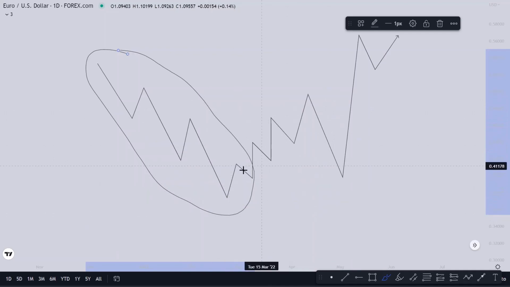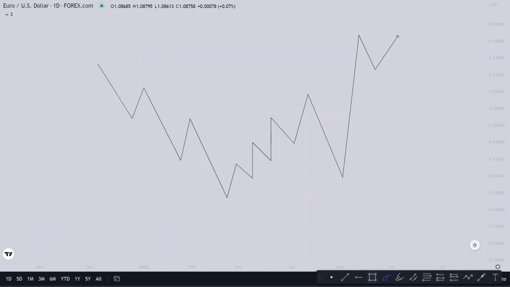But we can't call this a low unless we broke the last major pullback. So where is our last major pullback in this impulsive move? It is this one. This is where we need to break, and it got broken right here.